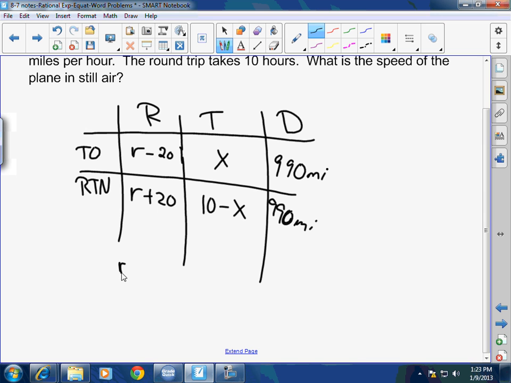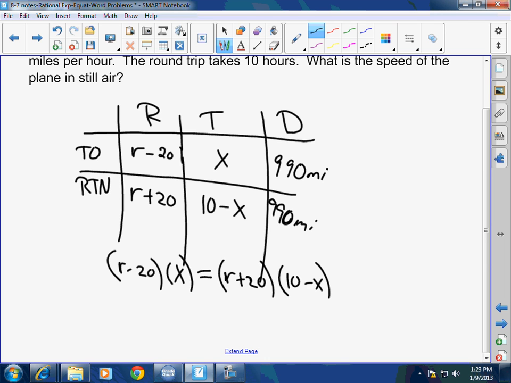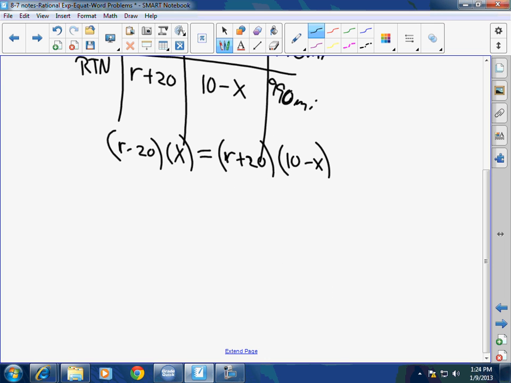So rate times time, r minus 20 times x has to equal r plus 20 times 10 minus x. So this is going to be xr minus 20x equals 10r.